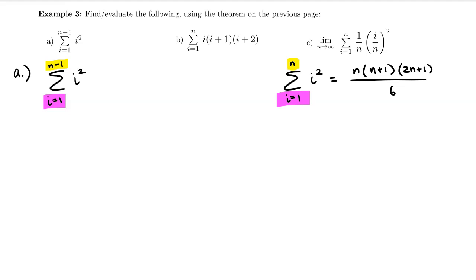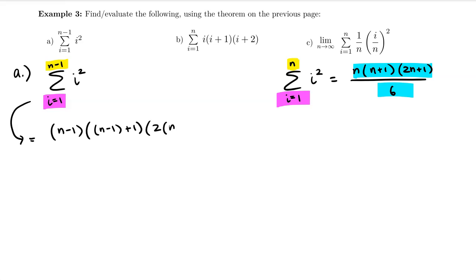What that means is this is equal to, and again I'm going to use this formula right here, n minus 1 times n minus 1 plus 1 times 2 times n minus 1 plus 1, all over 6. And I'm going to clean this up a little bit.